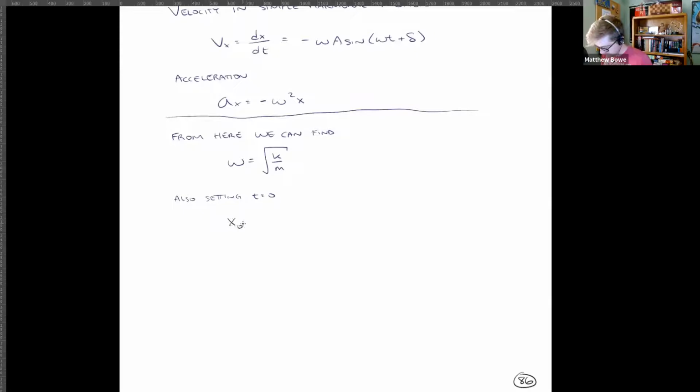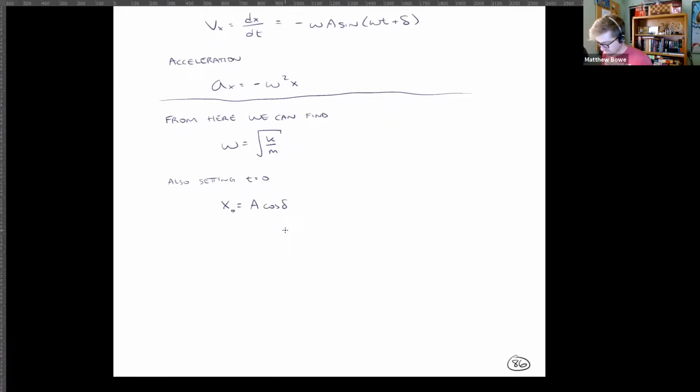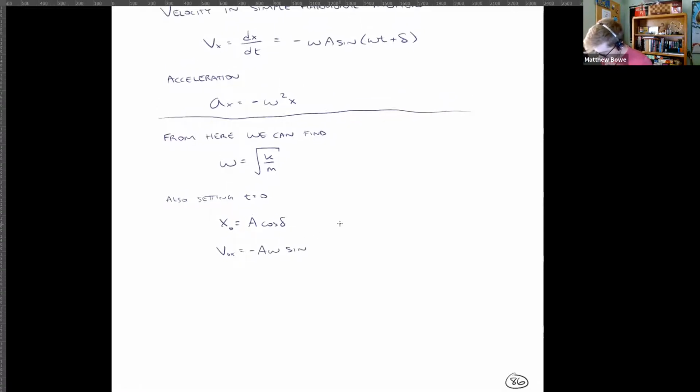So it'd be like x, the initial position, x naught, is equal to A cosine delta. And then v naught x is minus omega A sine delta, like that.